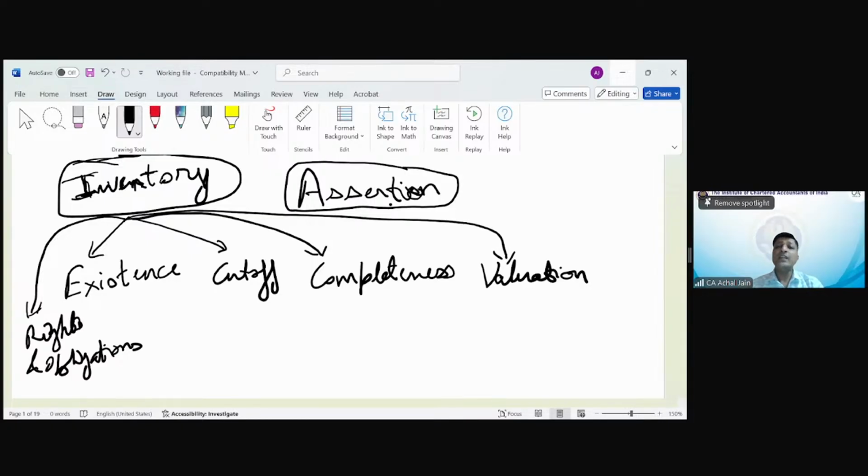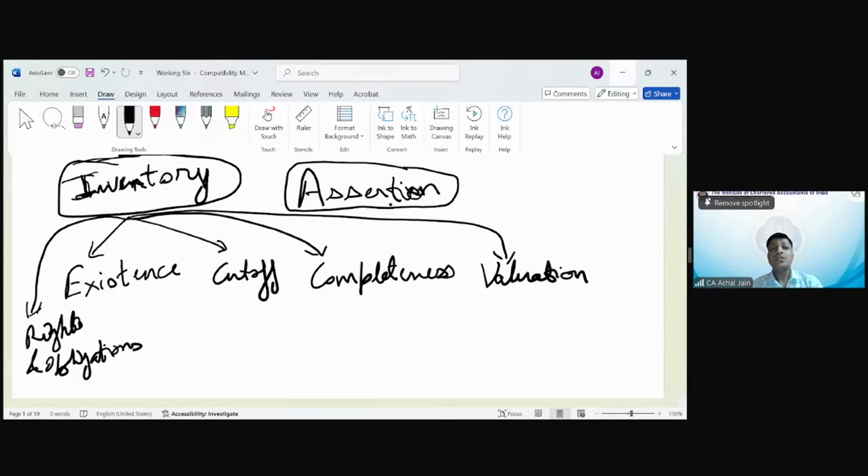Because you design your audit procedures based on the assertions only. If you ignore the assertions and jump onto the audit procedures, then you are not clear what you are trying to check. As an auditor, you need to have absolute clarity in terms of what you are trying to achieve. If you are trying to check something, there has to be some rationale, some objective for that.